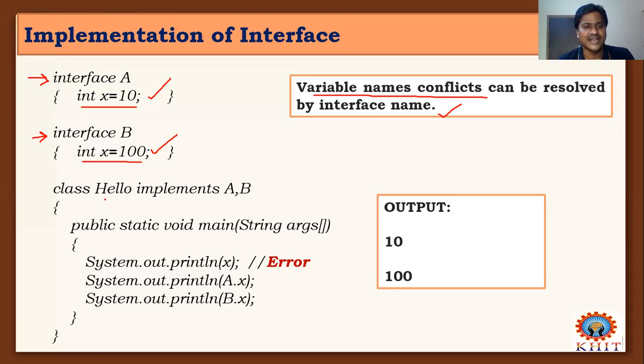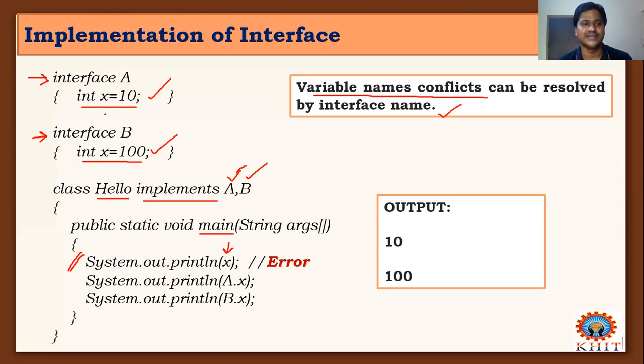And the class Hello is going to implement these two interfaces like this. It is a valid statement and multiple inheritance, right? Inside this main method, this statement gives an error if you just mention the name x.